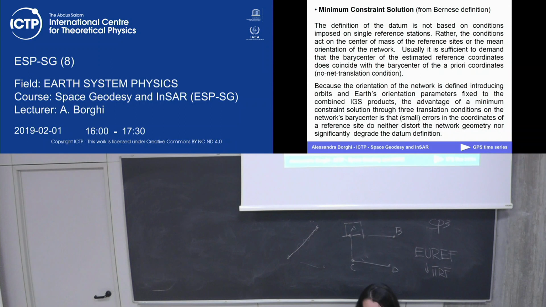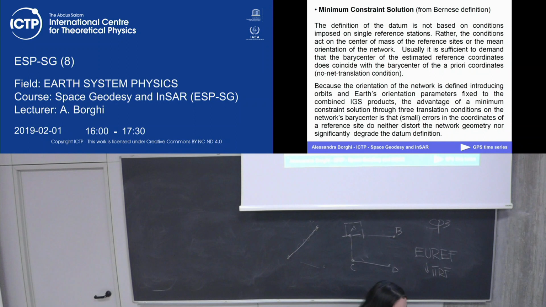And when I say we compute the transformation between our daily solution, every day I do this with the permanent stations, and the theoretical values that we obtain from the ITRF file, it's like a medium. It's like you have two rigid bodies, and you want to fit one body to another one. So you say, okay, this fits, but except for this point, and you can remove it.